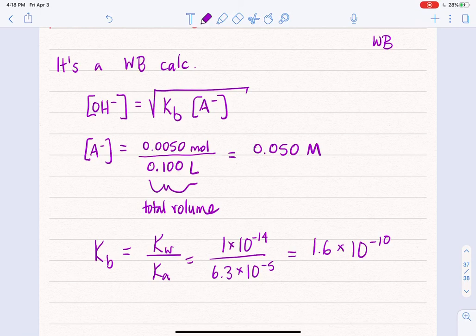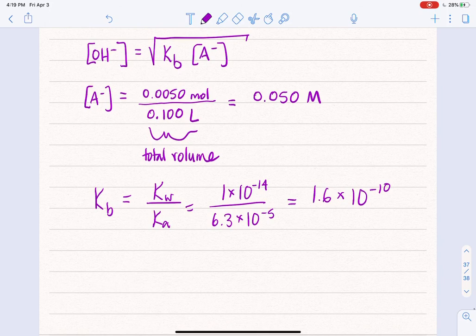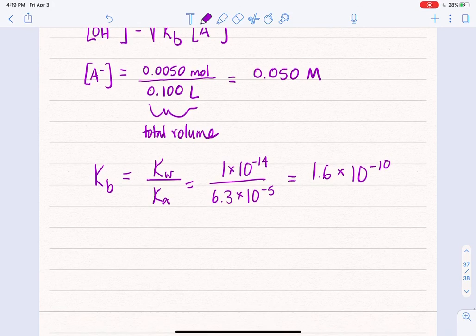So that's pretty good evidence that the assumption that I can not use the quadratic equation is legit because this Kb is really tiny. So 100 times Kb is going to be way less than 0.05 molar. So that means I can use this equation to figure out the concentration of hydroxide and then calculate the pOH and then get the pH from there.